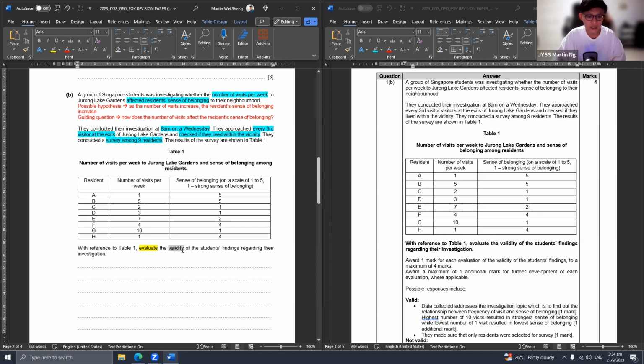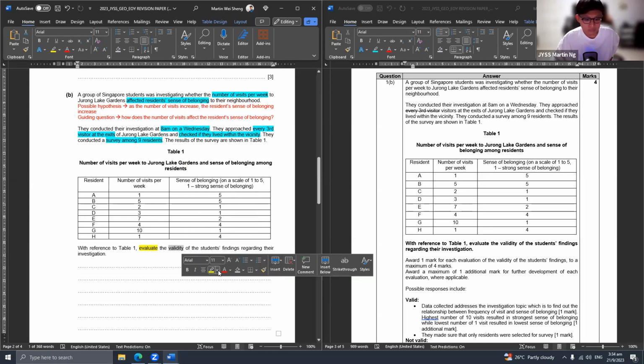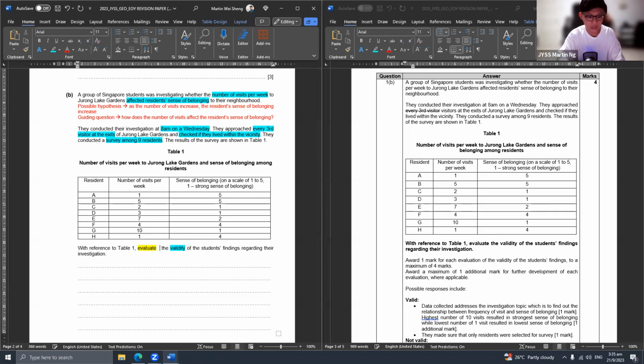So validity of the students' findings with regards to their investigation. Okay. So you would say why it is valid, and then you will say why it is invalid, right? So evaluate, give both sides.